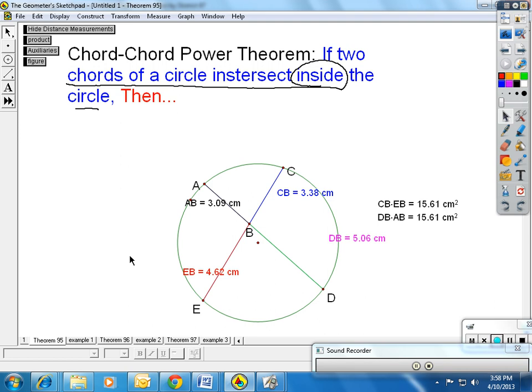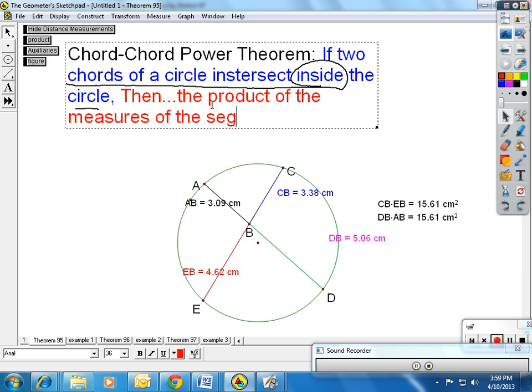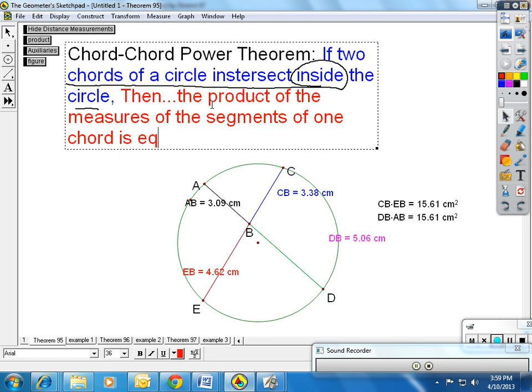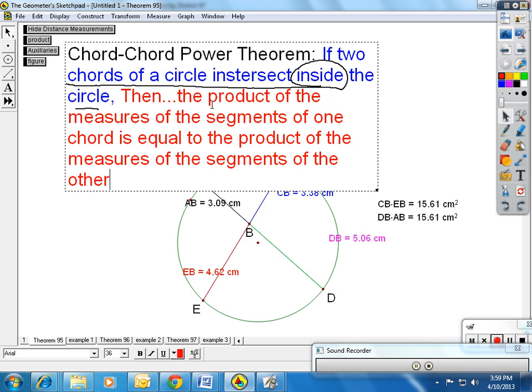So, if I've got a chord, complete this. If two chords of a circle intersect inside the circle, then the product of the measures of the segments of one chord is equal to the product of the measures of the segments of the other chord.